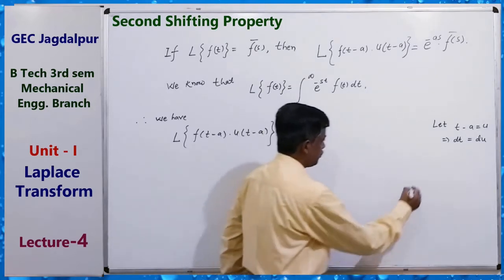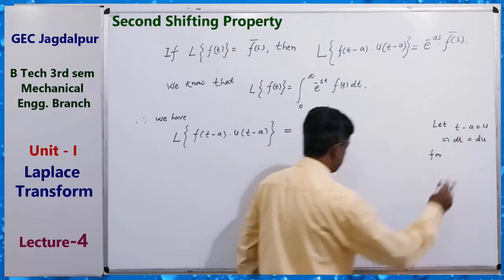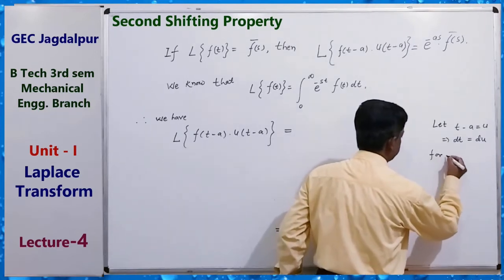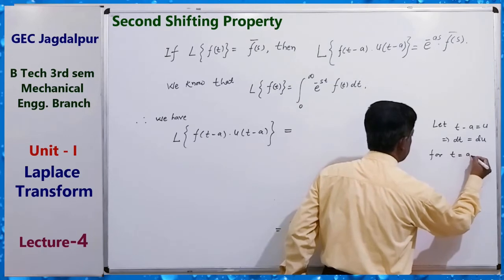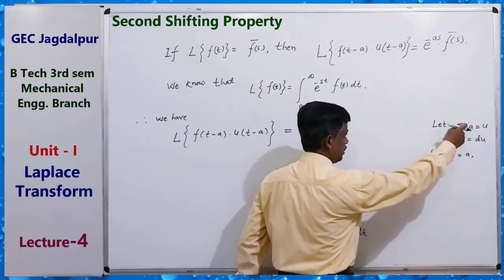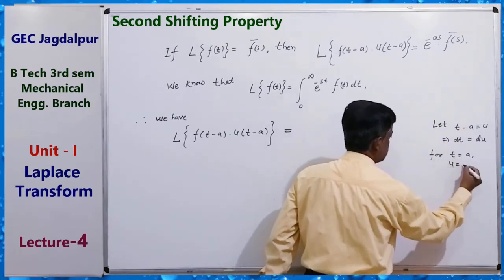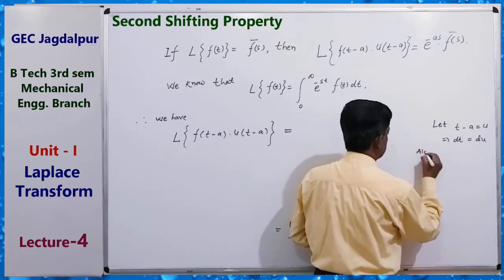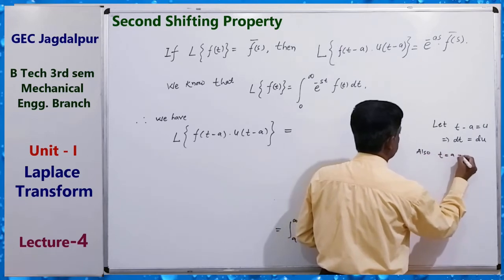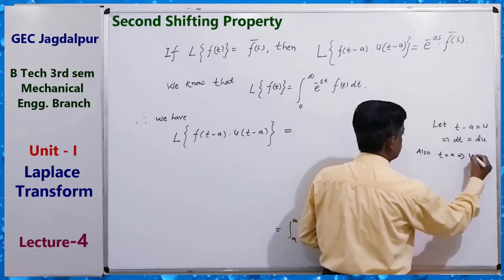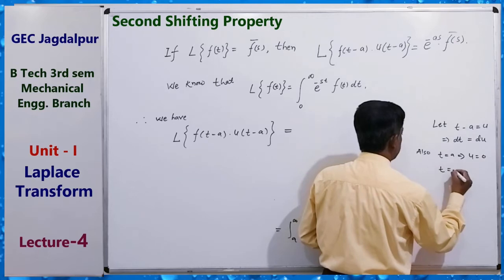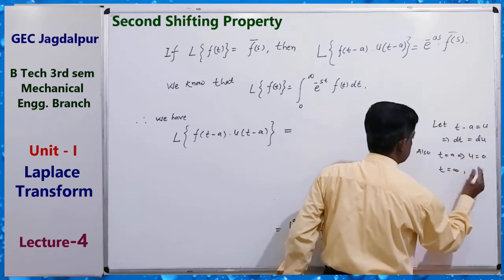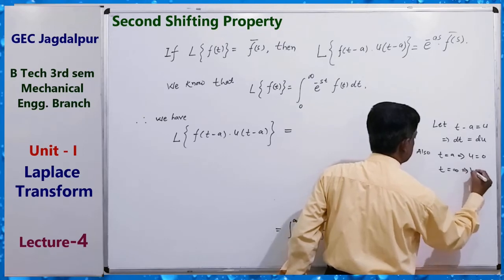And also, for t equals a, u equals 0. Also, t equals a implies u equals 0, and t equals infinity implies u equals infinity.